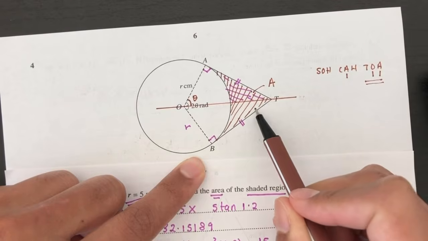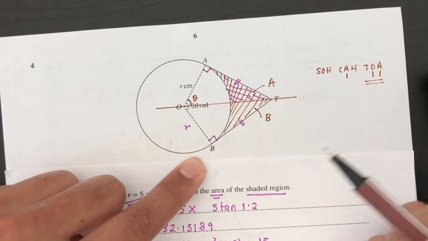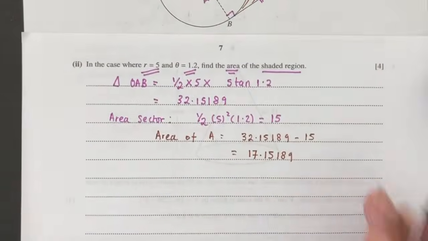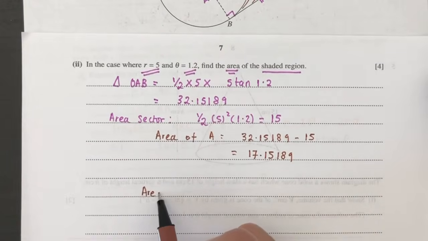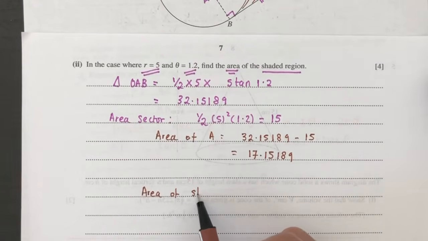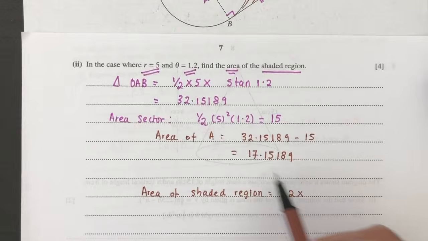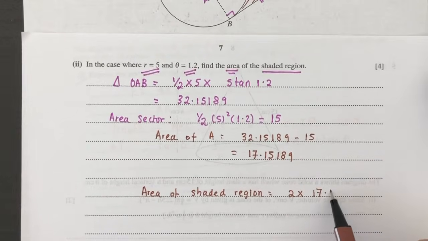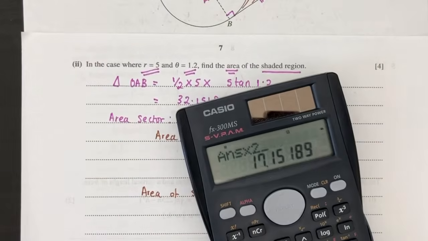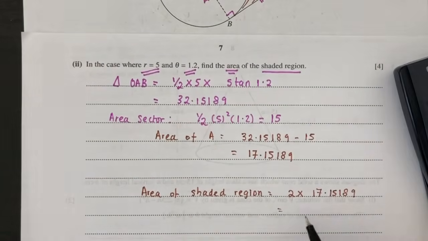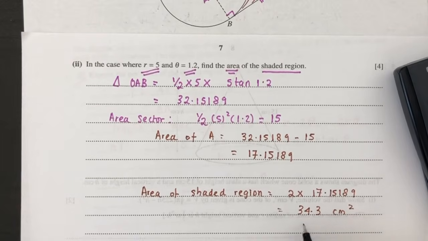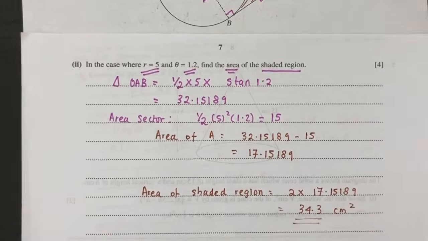A and this, let's call this one B, are the same. So the total shaded area will be 2 times 17.15189, which is 34.3. Your answer will be 34.3 centimeters squared for the area of the shaded region.